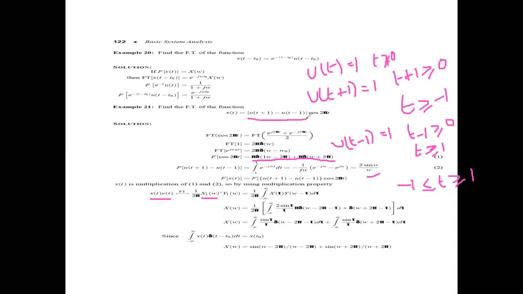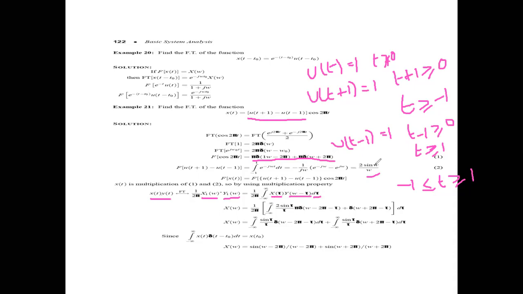We got X1 of omega as 2 sine omega by omega, and Y1 of omega is pi delta omega minus 2 pi plus pi delta omega plus 2 pi. So using this, the integral of x of tau, y of omega minus tau d tau.